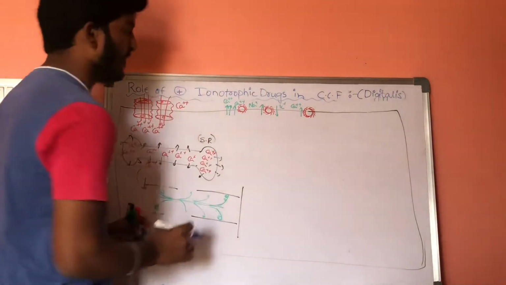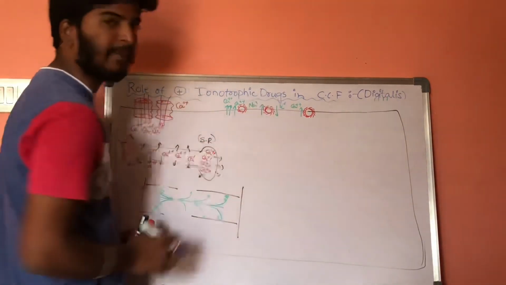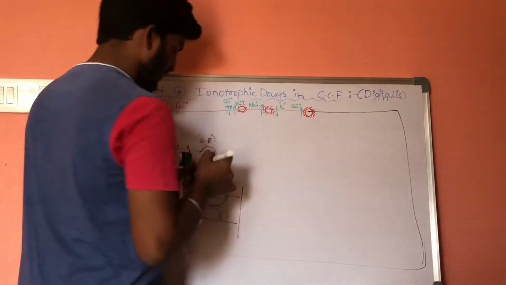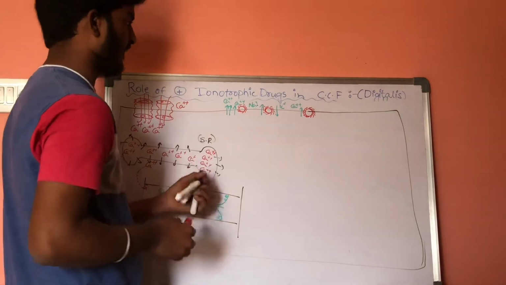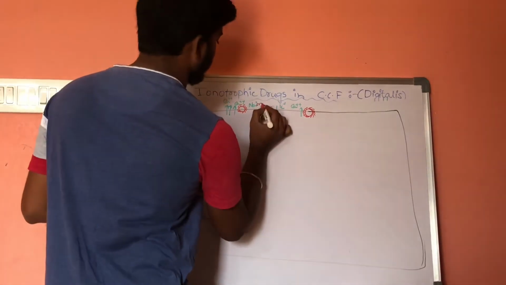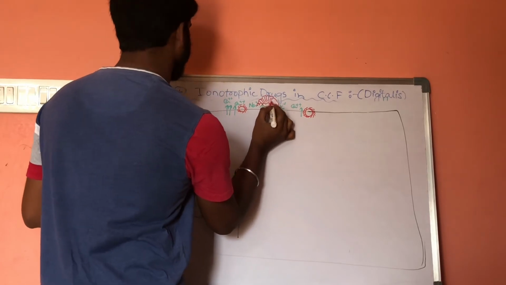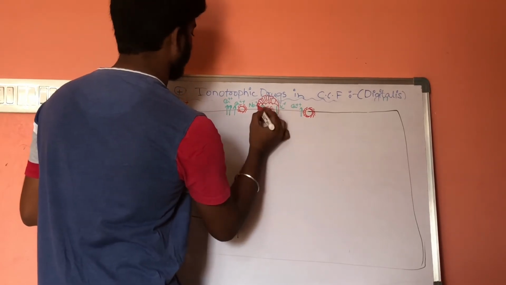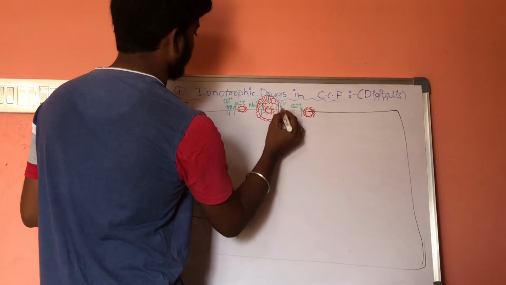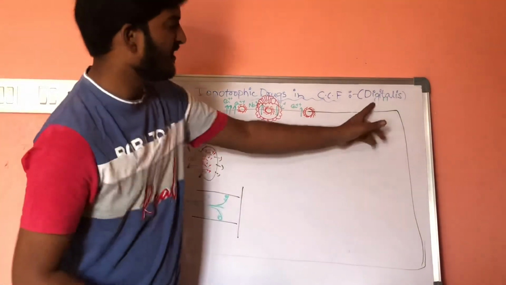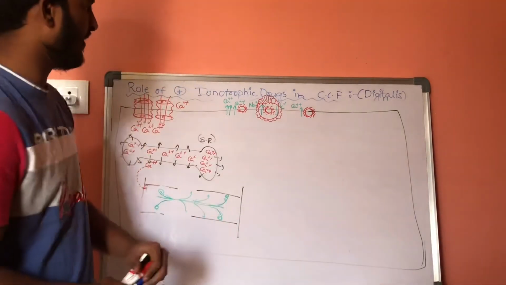Digitalis will work on the sodium potassium ATPase here. It will inhibit the sodium potassium ATPase.